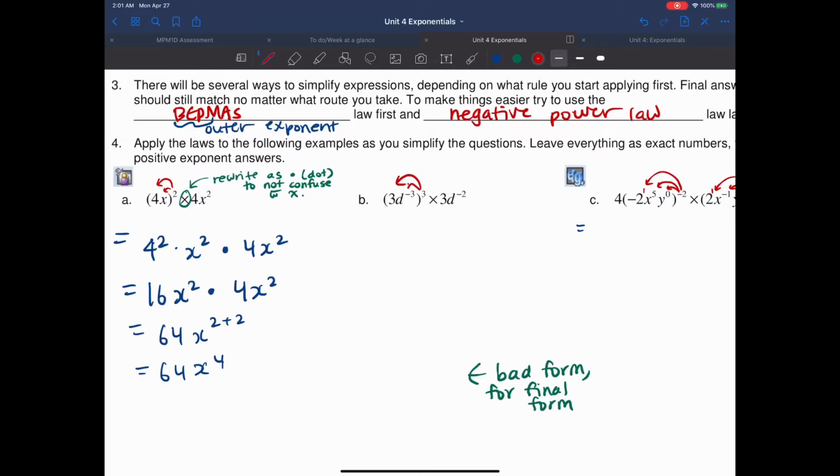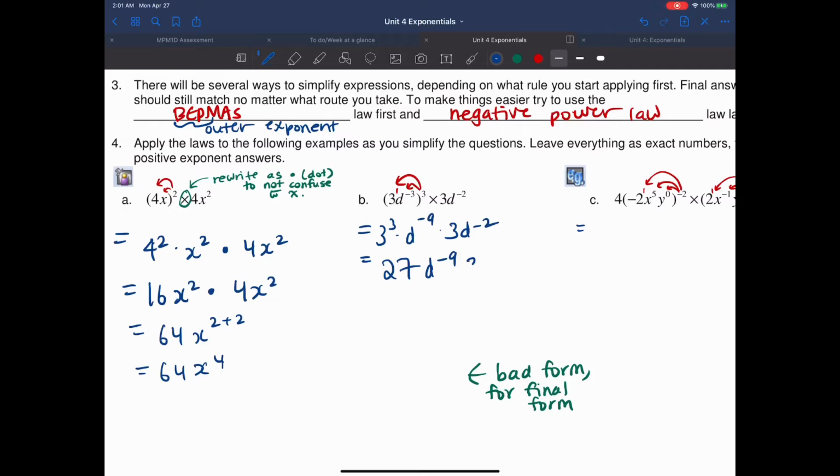So for question B, I want to distribute that 3 into each part of the exponent, like so. So my first line is going to be 3 to the 3 times d to the negative 3 times 3, which is negative 9, and then 3, and then d to the negative 2.